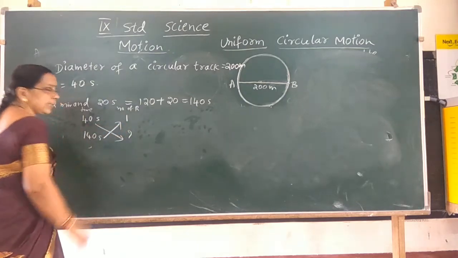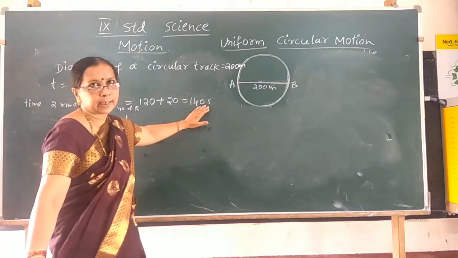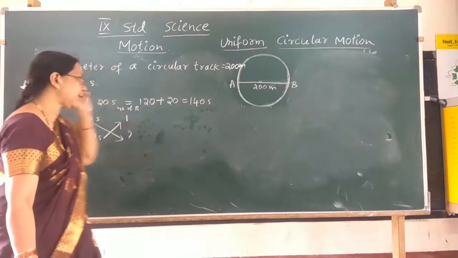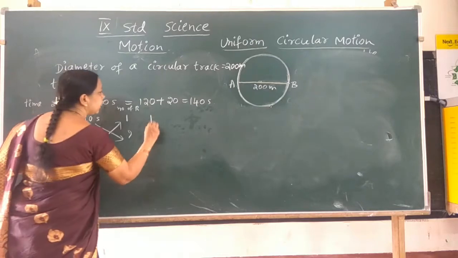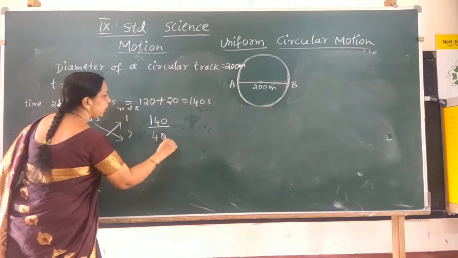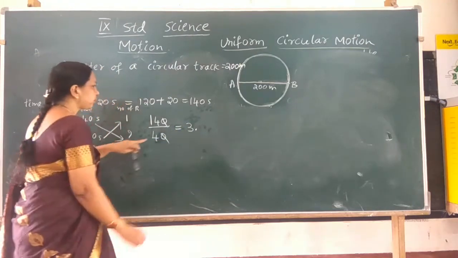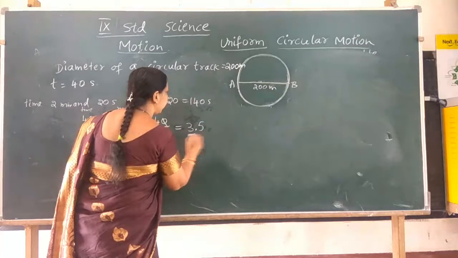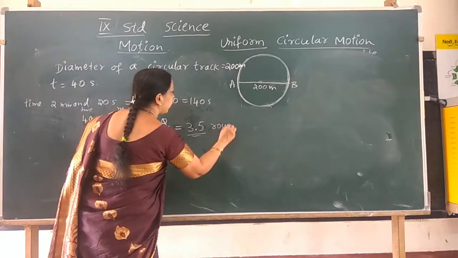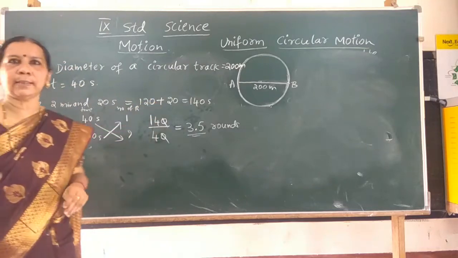Cross multiply. 140 divided by 40. 4 3s are 12, 2 4 5s are 20. So 3.5 rounds he can complete in 140 seconds.